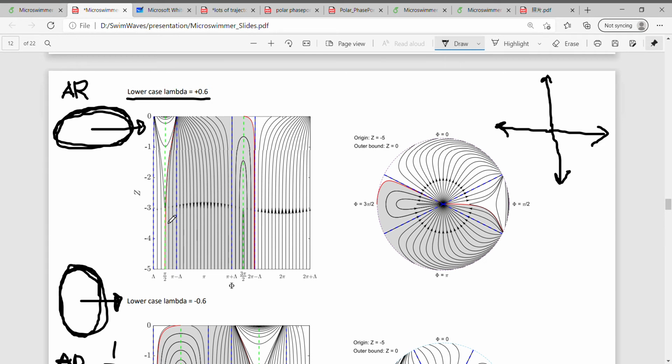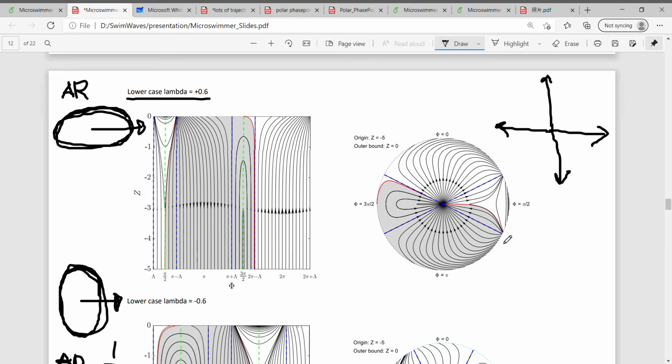Okay, we can see that the trajectory is actually symmetric with respect to pi over 2 and 3 pi over 2. So pi over 2 is this orientation, it's swimming to the right, okay? And this will be swimming to the left. So this is a polar version of the graph. So at the origin, it's the deepest location of the water tank or the environment, okay? And the outer bound will be the water surface.